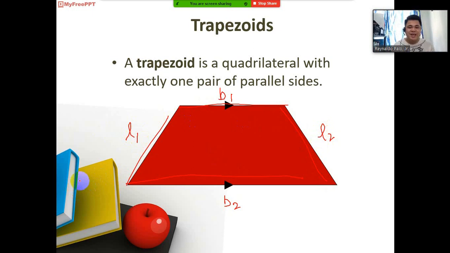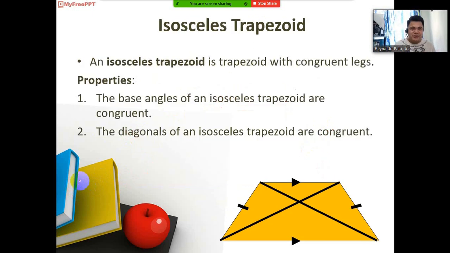Next, we're not going to talk about any more trapezium. When we say trapezium, the sides are not congruent. So we will just be talking about the isosceles trapezoid. So what is an isosceles trapezoid, class? An isosceles trapezoid is a trapezoid with congruent legs. As simple as that.